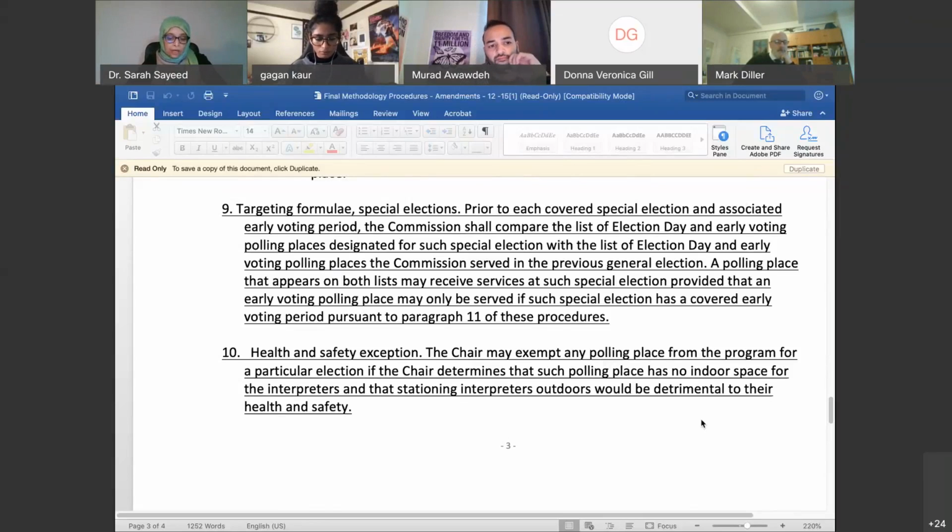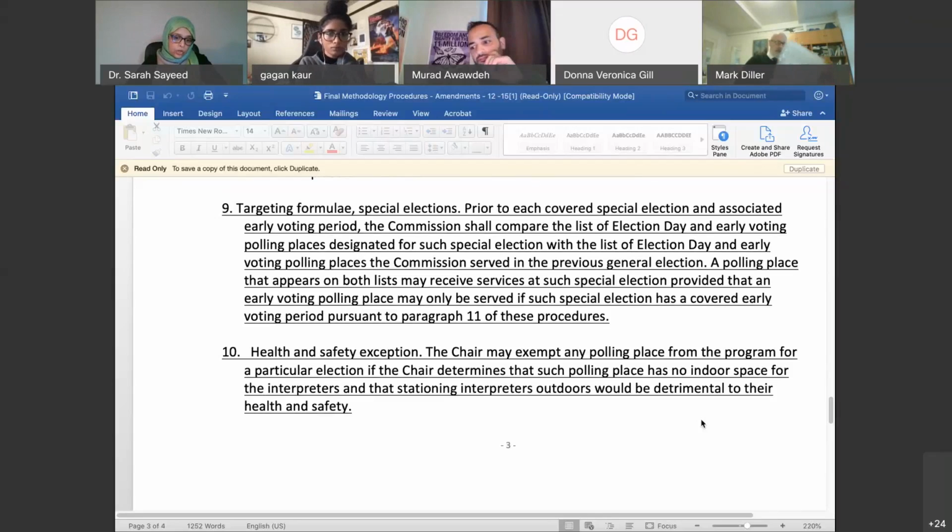And the last piece is that if it's an early voting polling place, we will only serve it if the special election has a covered early voting period, which is defined in paragraph 11. So here we're saying that we're going to cover early voting for some specials and not every single special.